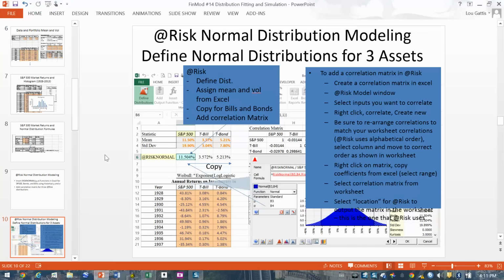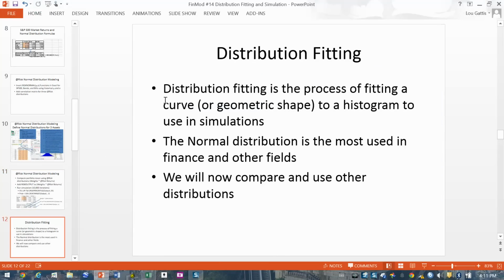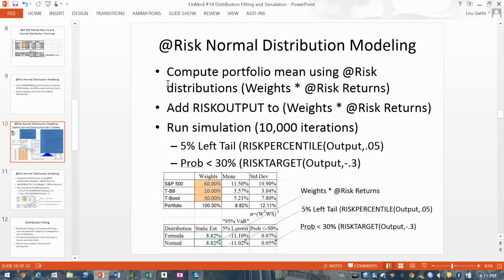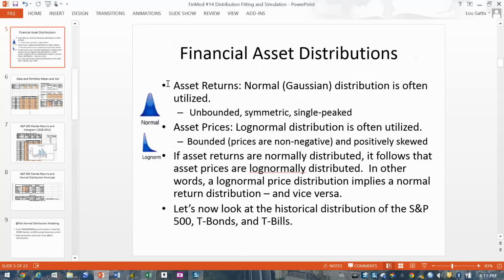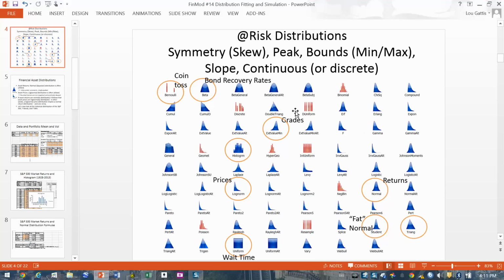Well, let's talk about what if we selected other distributions. Let's do something called distribution fitting. Let's let @Risk look at our list of curves and try to fit all of these curves across our data and see which one fits the best. In other words, if the data fits the beta distribution more than the normal, let's use beta or another one.